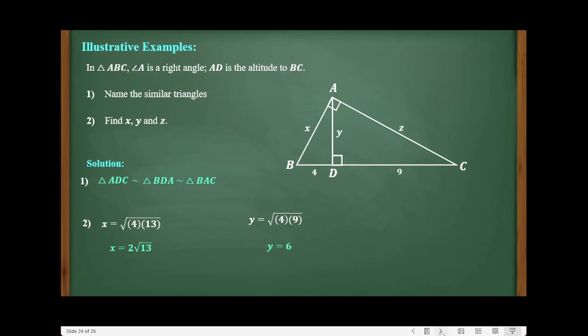And for z, that is equal to the square root of the product of the length of the hypotenuse and the part of the hypotenuse adjacent to the leg denoted by z, and that is 9. Simplifying the resulting value for z, that is 3 square root of 13.